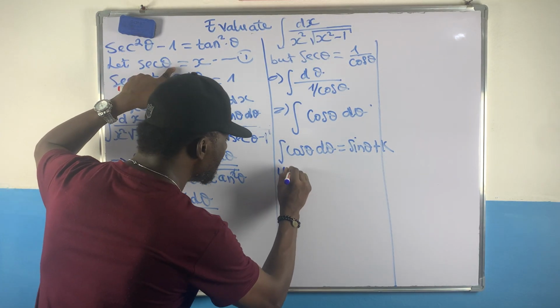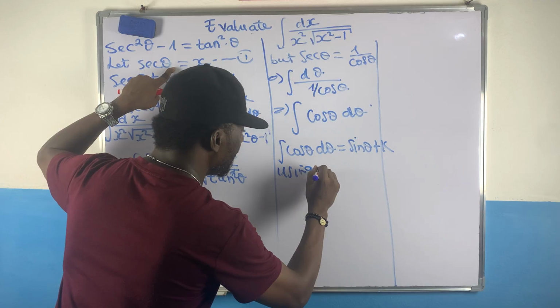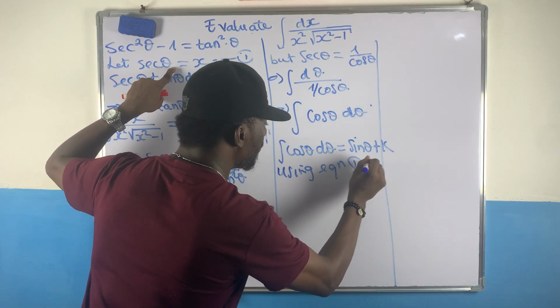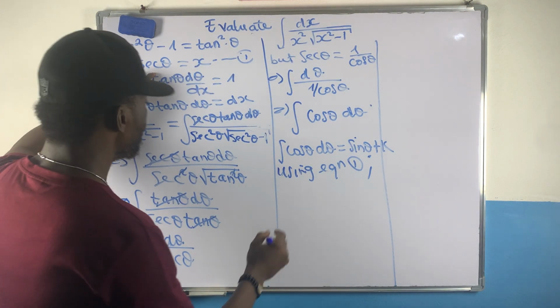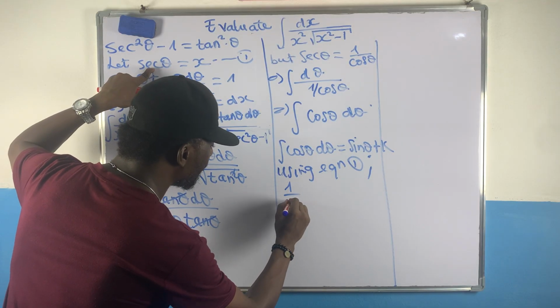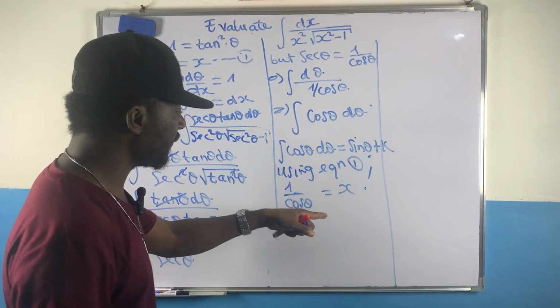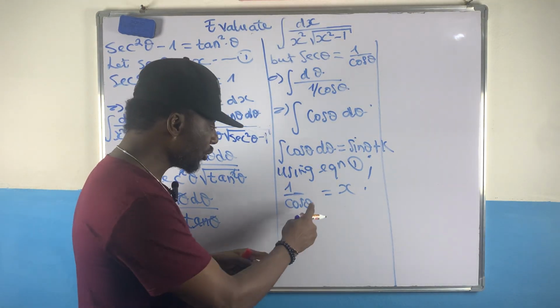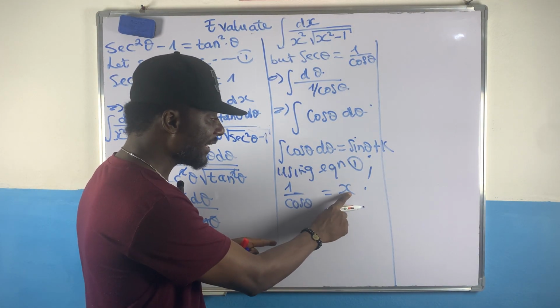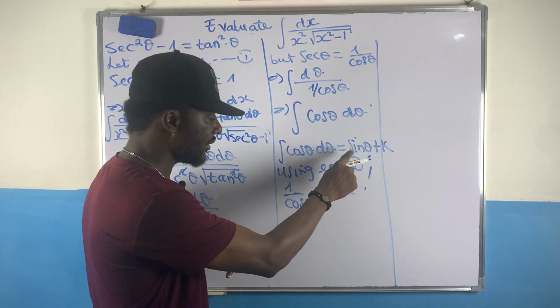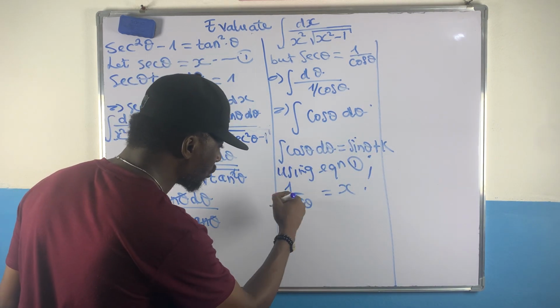So I will say, using equation 1, this equation, we know that sec theta is 1 all over cos theta, which is equal to x. The objective is to obtain a relationship between sine and x so that I can replace it here. And how do I do that? I have to square.